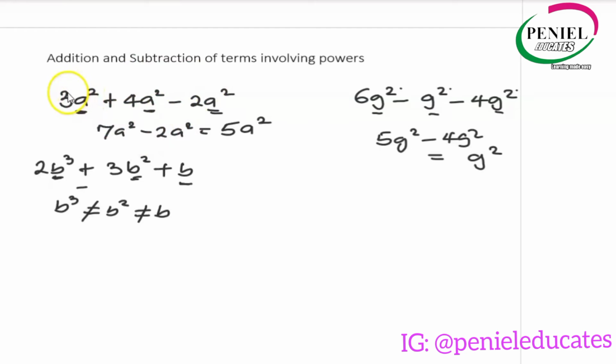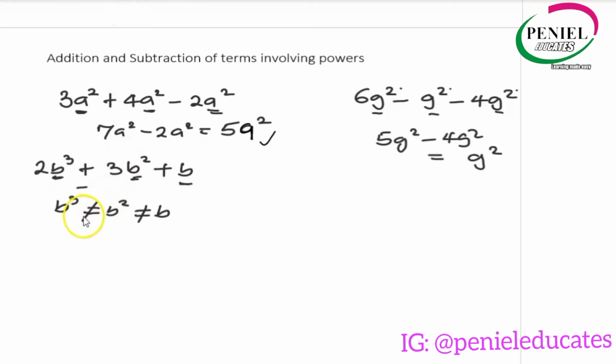So if you bring this together, 3a squared plus 4a squared is 7a squared, then minus 2a squared, you're going to have 5a squared. All right.